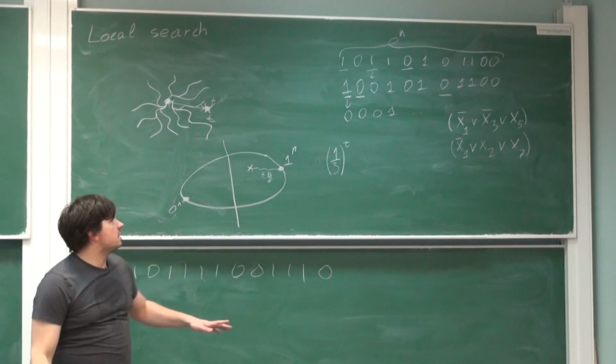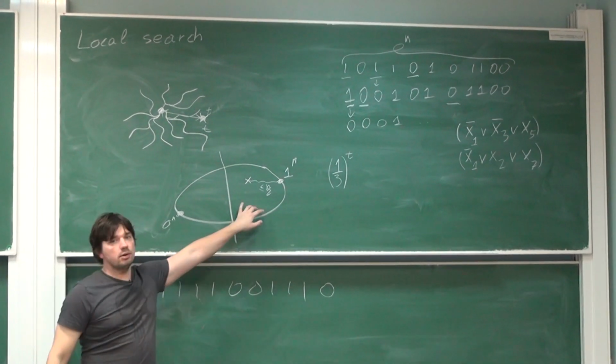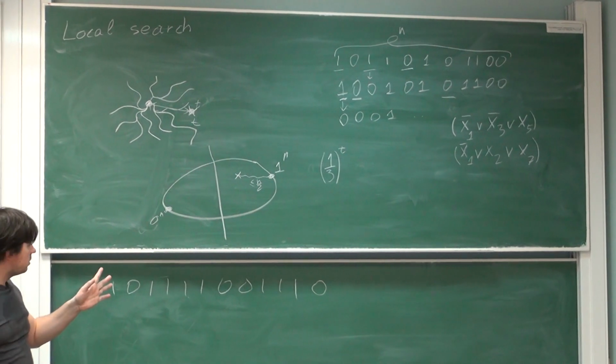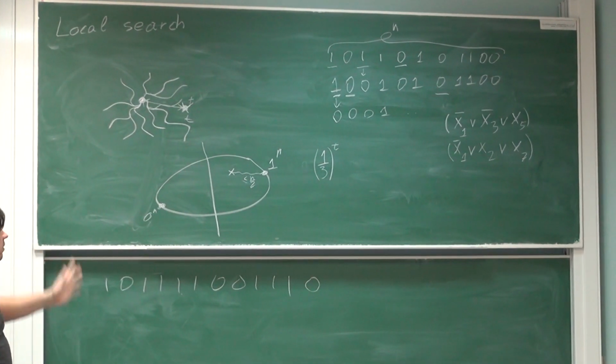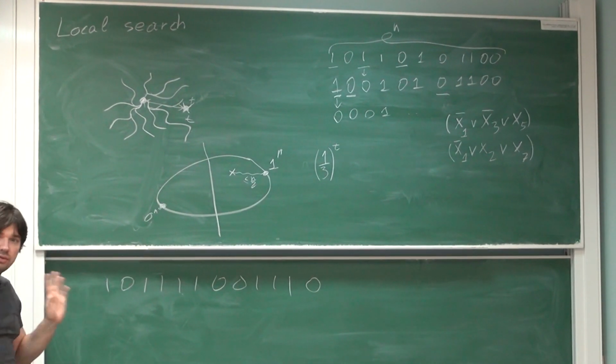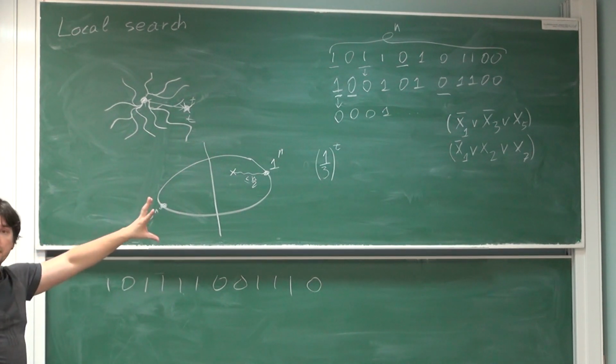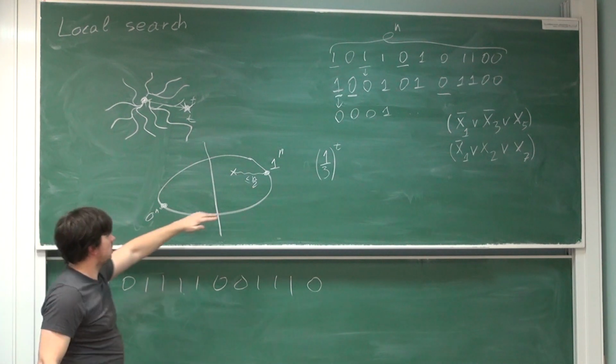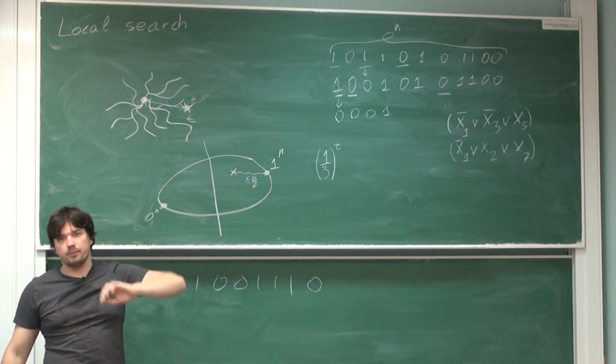So there are two possibilities. Either it's here or here, but if we got it right, so if we are in the right half of the search space, then the distance is at most n over 2.